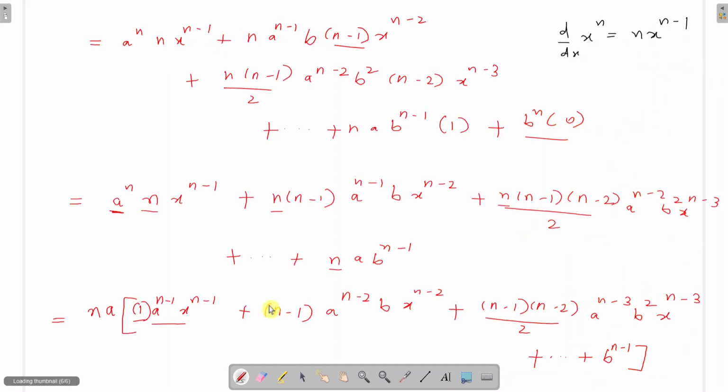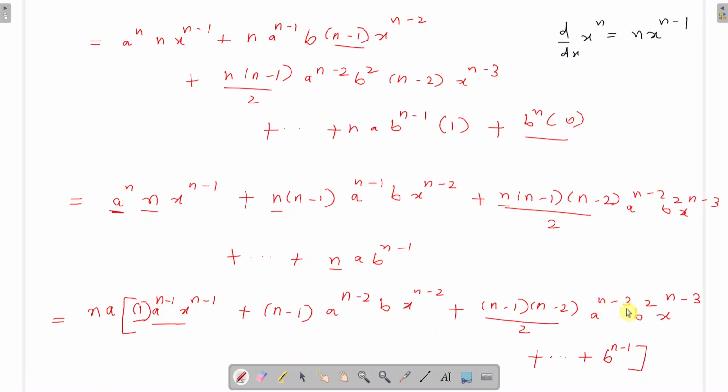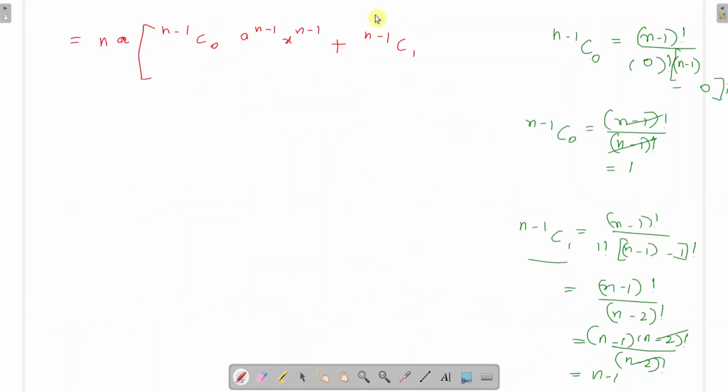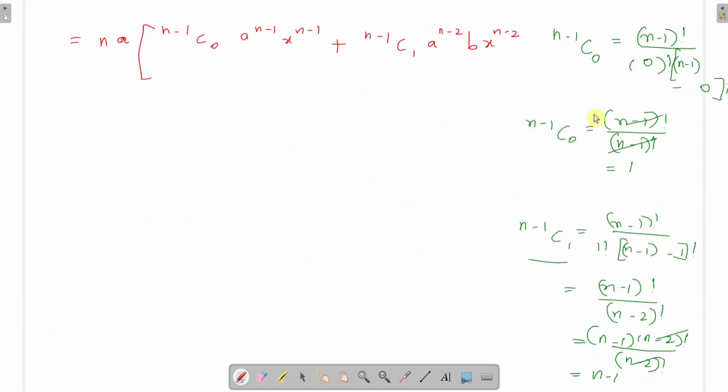So instead of writing n minus 1 here, we will write n minus 1 c1, and then we have a raised to n minus 2 b x raised to n minus 2. So similarly, this will become n minus 1 c2 by using this formula.